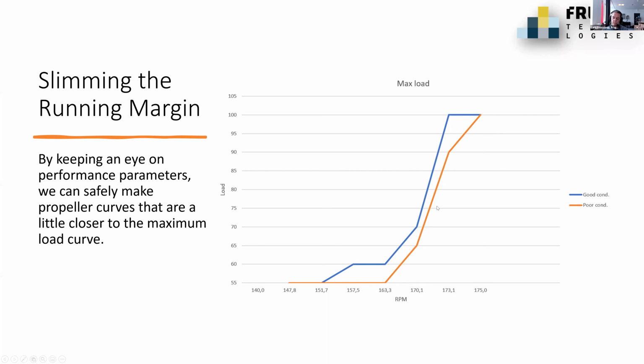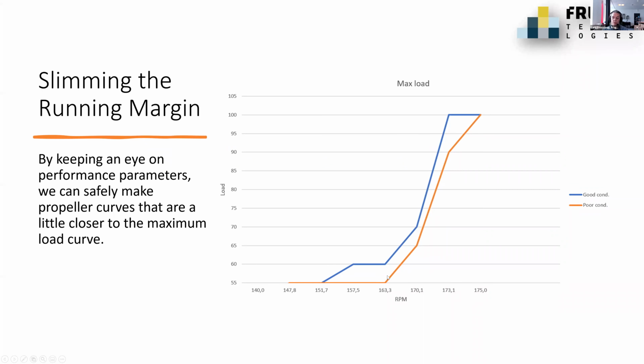A few other things needed to be changed as well, but definitely as things were then cleaned and the vessel had been docked, you can see that the maximum load curve changes quite a bit. And the distance between the blue and the orange curve corresponds to the green area on the graph we saw before. So this is the added operational area you get from cleaning things up.